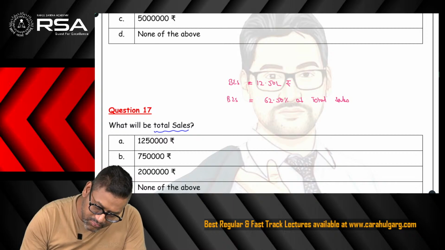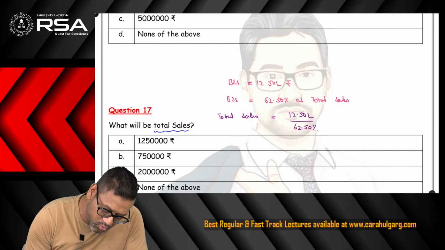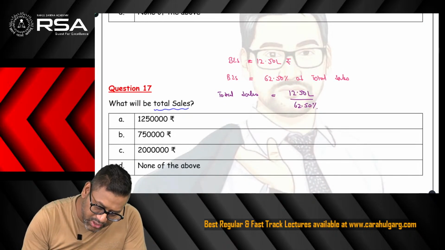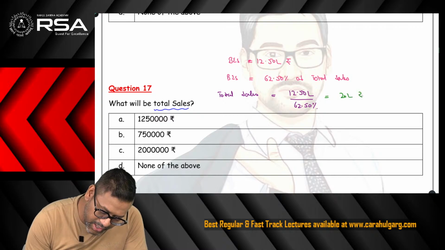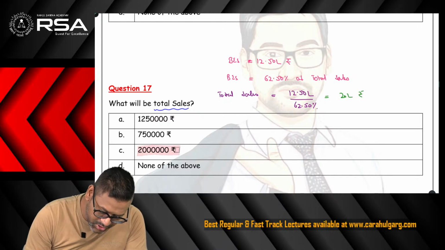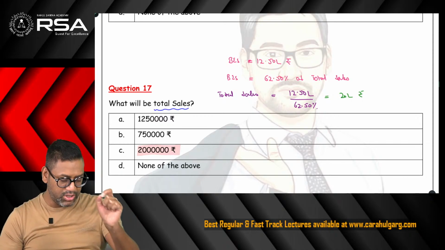So, by the reverse formula, I can say total sales is equal to 12.5 lakh divided by 62.50%. It gives us 20 lakh rupees. So 17th question, correct option is option number C. This becomes the value of total sales.